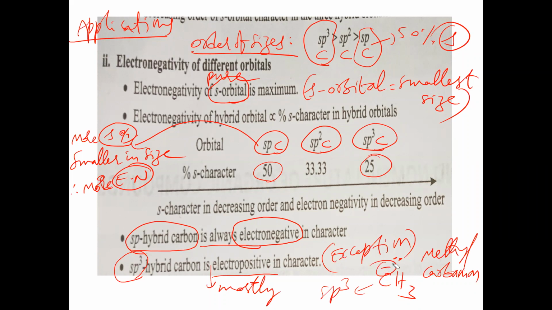So it has electronegativity here, but still it is sp3 carbon. So we are not saying sp3 hybridized carbon is always electropositive, but we are saying it is mostly electropositive in character. But sp carbon is always electronegative in character, remember.